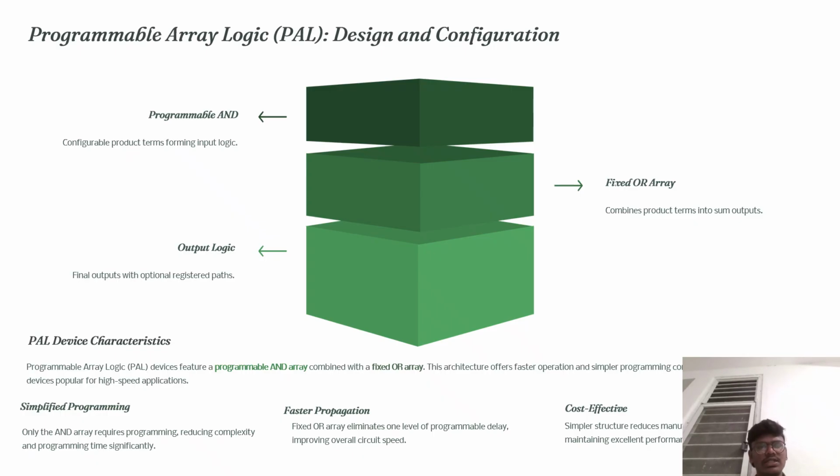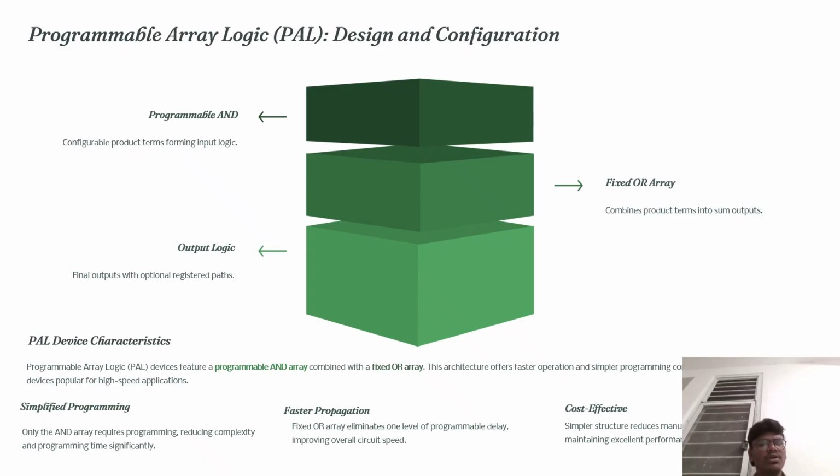PAL device characteristics. Programmable array logic, PAL, device features: programmable AND array combined with a fixed OR array. This architecture offers faster operations and simpler programming, a common device popular for high speed applications.